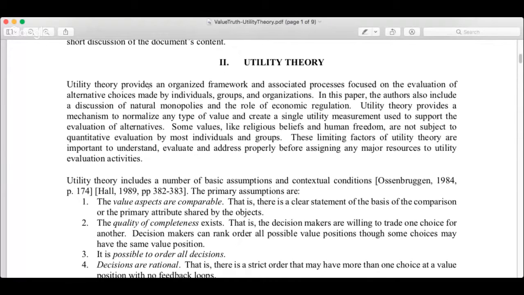This area has been studied quite a bit since the late 1800s, early 1900s, and there's quite a body of literature on utility theory and how to approach it. Hall's metasystems methodology covers some of this work.